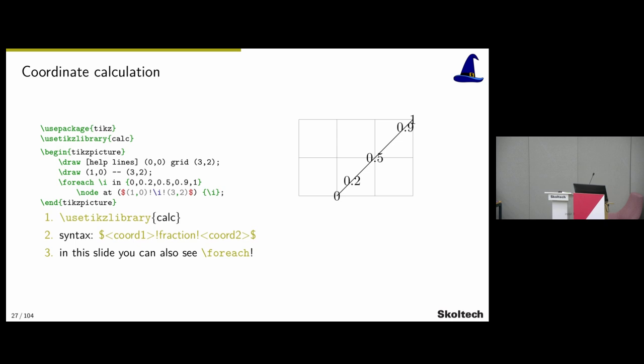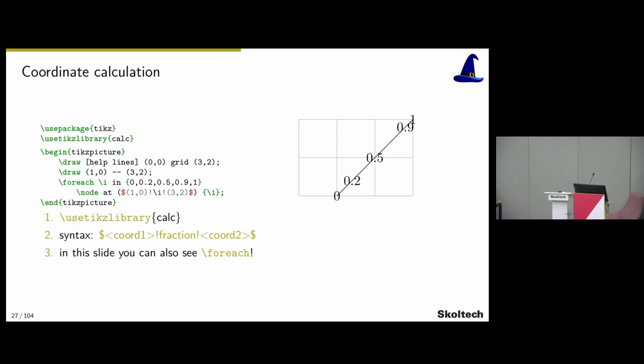And the next command, foreach i, is very similar to Python-style syntax. So for each number in some list that we define by hand, we want to place a node, and the coordinates of this node are defined as 20% of the distance from the first point to the second point.